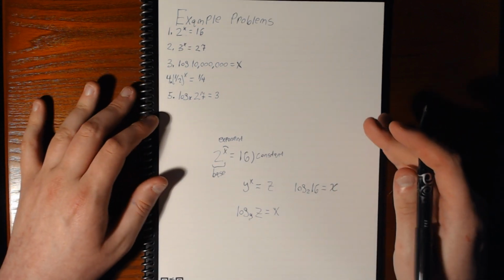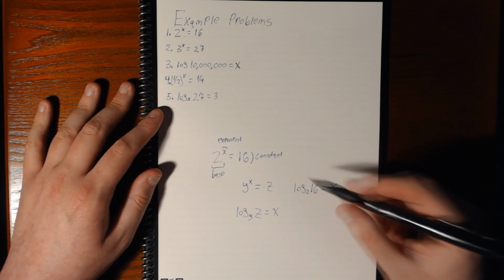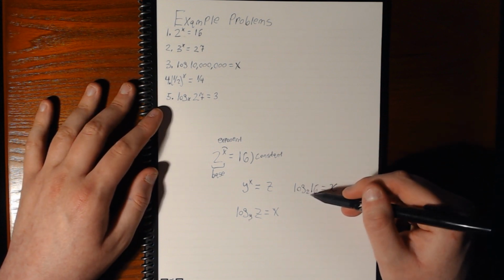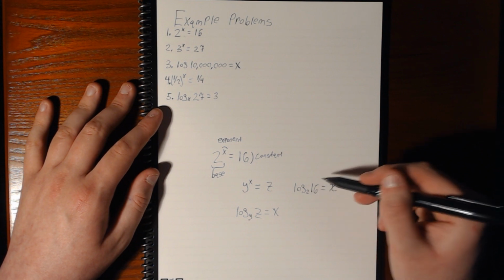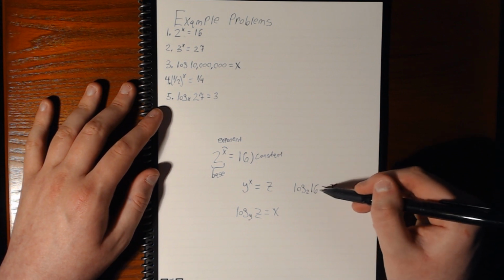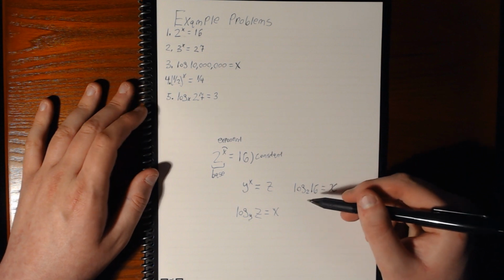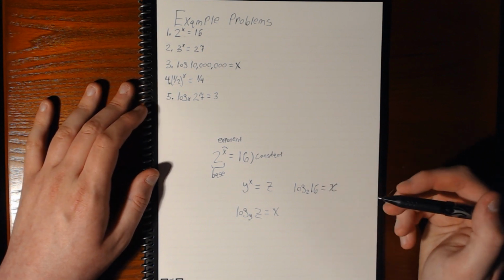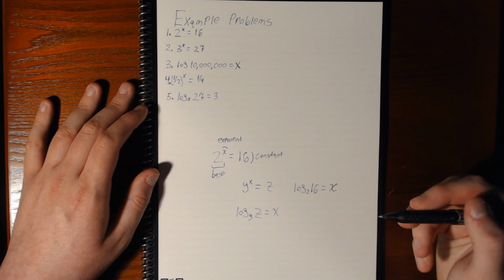Now, quickly before we solve for this, if you look at your calculator, you will find log by itself without any base. Do not type in just log and then 16. You need to push the second button or the shift button, depending on whether you're using a TI-84 or a Casio.